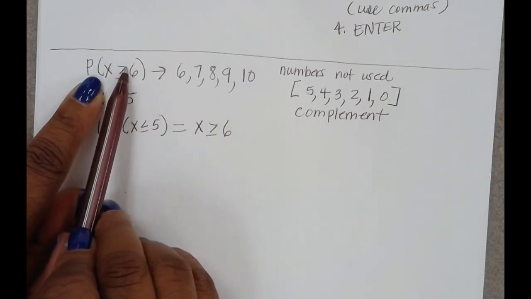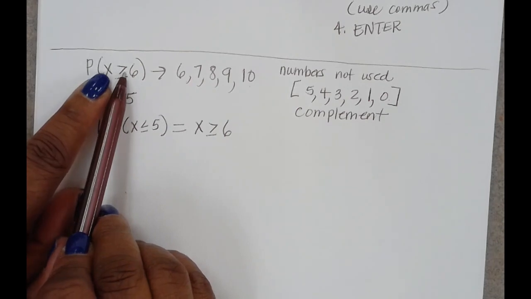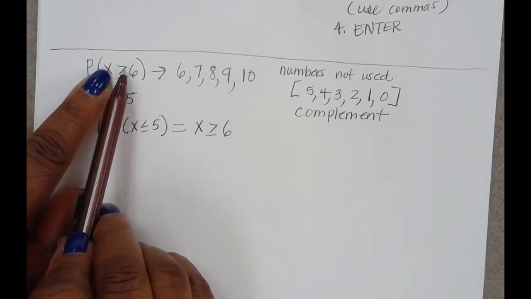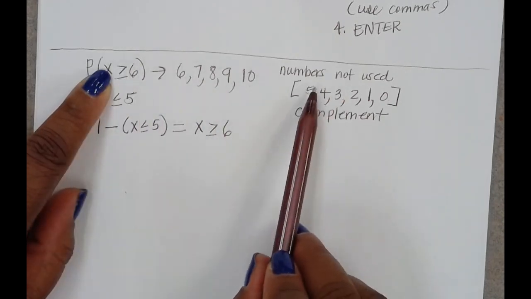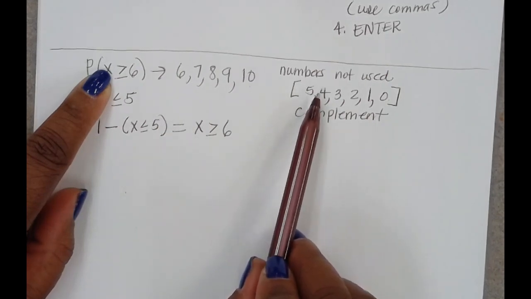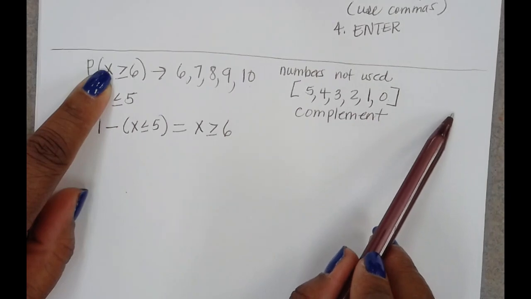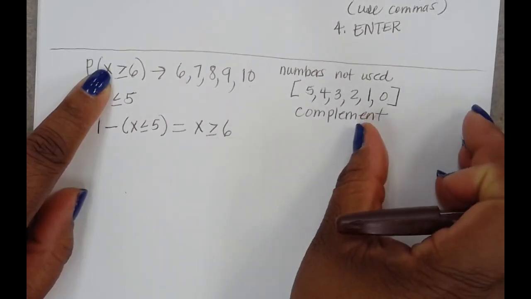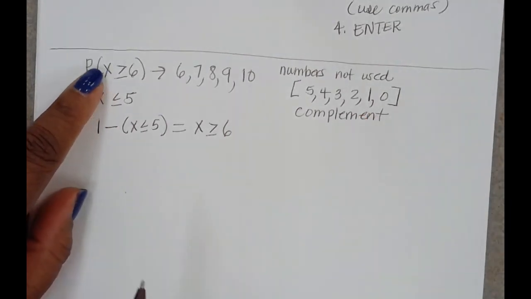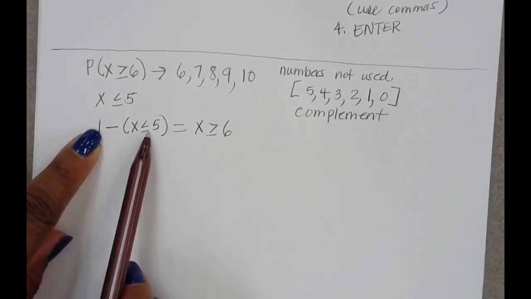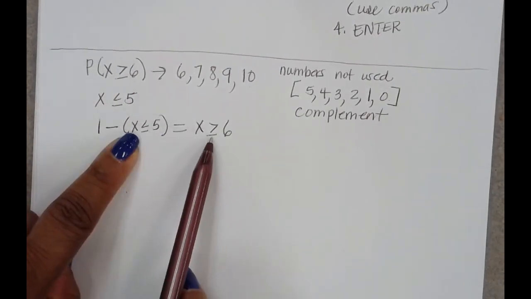So what we have to do is figure out, well, what is the complement of that? And I do that by figuring out, well, what numbers am I not using? I'm not using 5, 4, 3, 2, and 1 and 0. Well, if I take those numbers away from the total outcomes, 1 minus that, I should get this one. This I can put in my calculator.